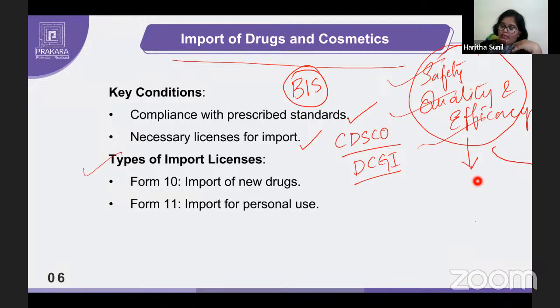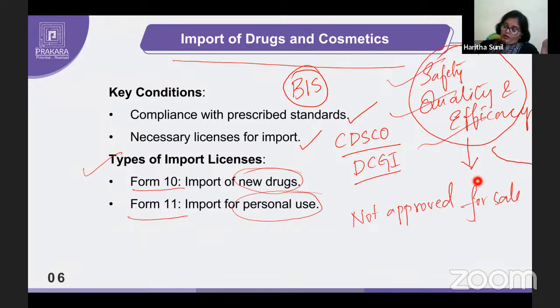Coming to the types of import licenses, we have Form 10 and Form 11. Form 10 is for new drugs and Form 11 is for personal use. What do we mean by a new drug? A new drug is one which is not yet approved for sale in India.